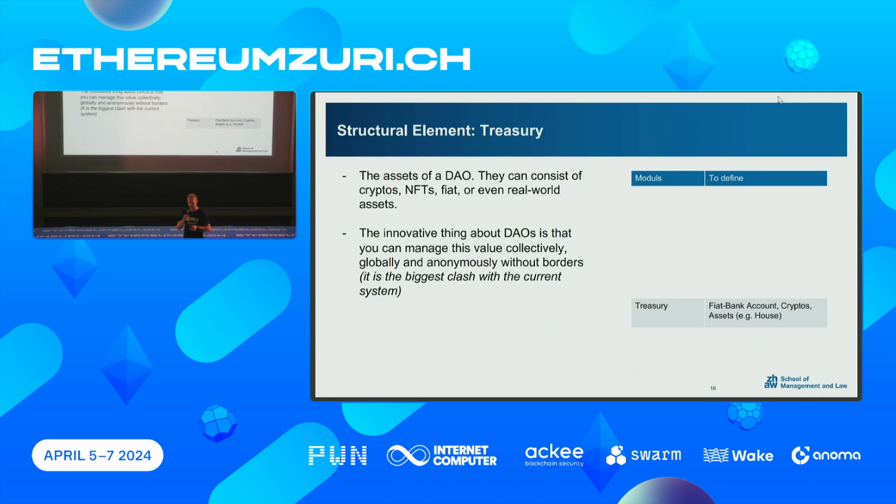And then we also have the treasury element. This is also an important element of each DAO that can consist of different tokens, can be cryptos, can be NFTs, or even real-world assets. And one major thing about DAOs is that the group, the community, the DAO members can collectively manage a treasury.